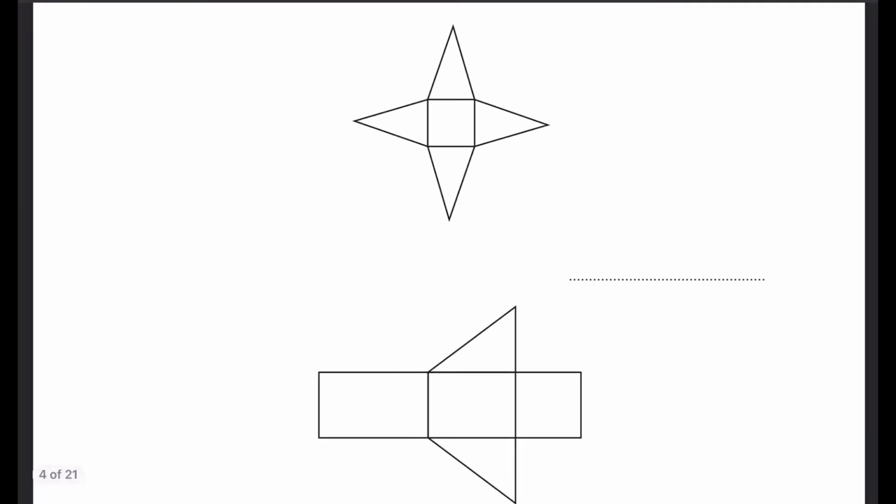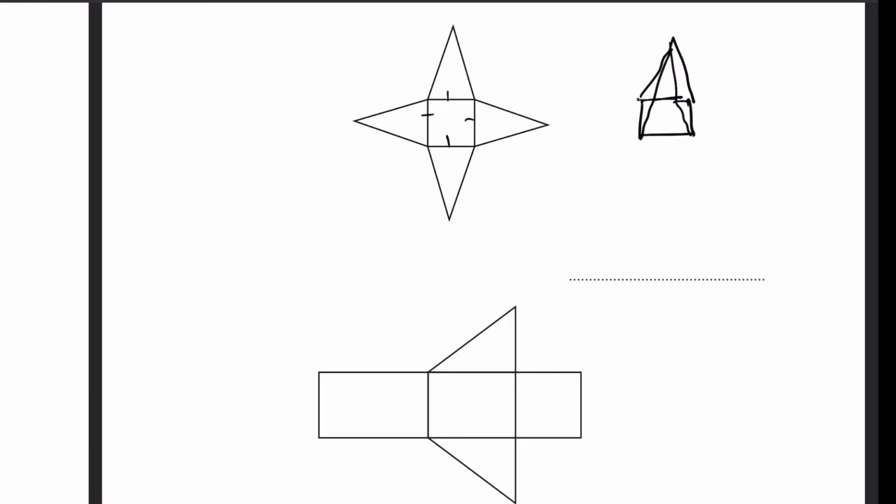Now, if you shape this one, though it is quite difficult, you can make these types of shape with this one. Since all these sides are the same, it is a pyramid shape. This is called a square-based pyramid.